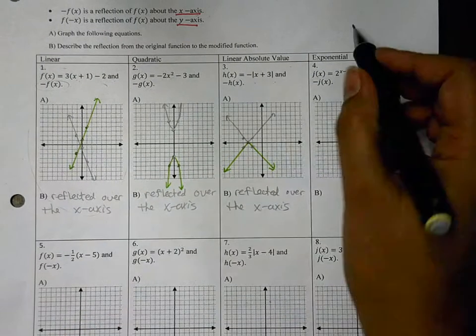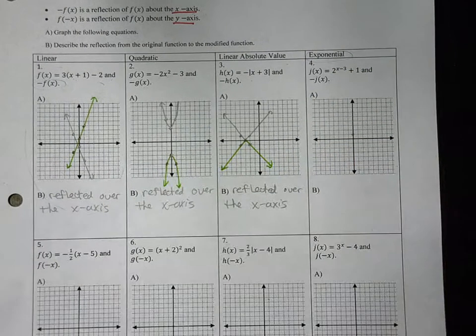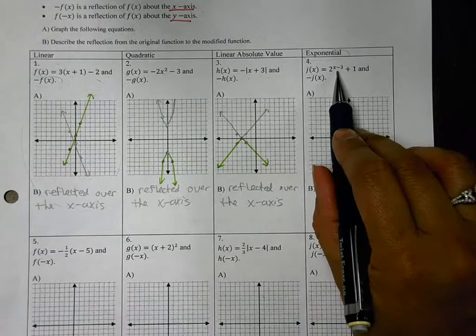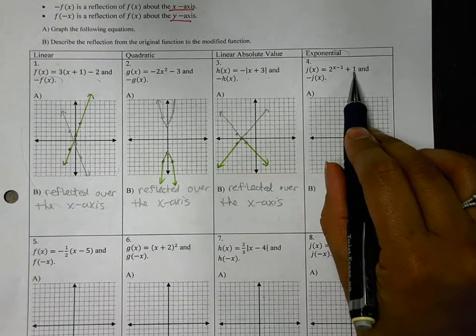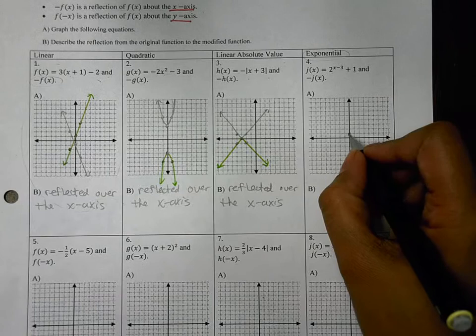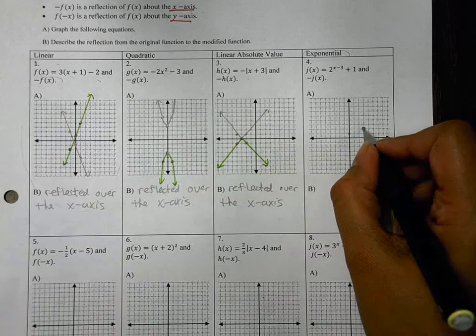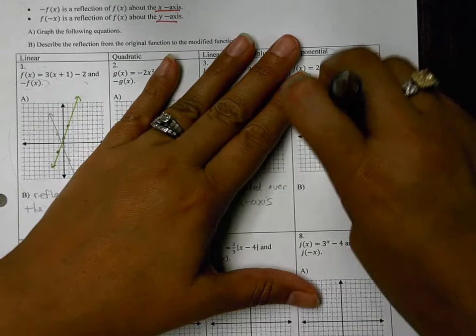This one's tricky. This is the exponential one, so this is where I start at 0, 1. I'm going to put a light pencil mark there and I will erase it. I'm going to translate right 3 up 1. Right 3 up 1 from 0, 1. Right 1, 2, 3 up 1. That is my new start. I'm going to erase that one there.